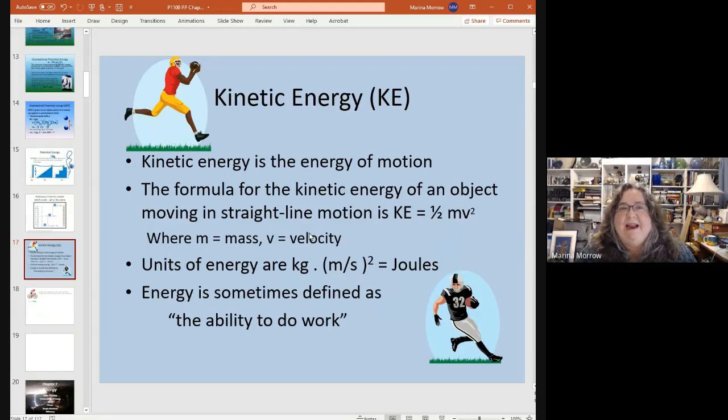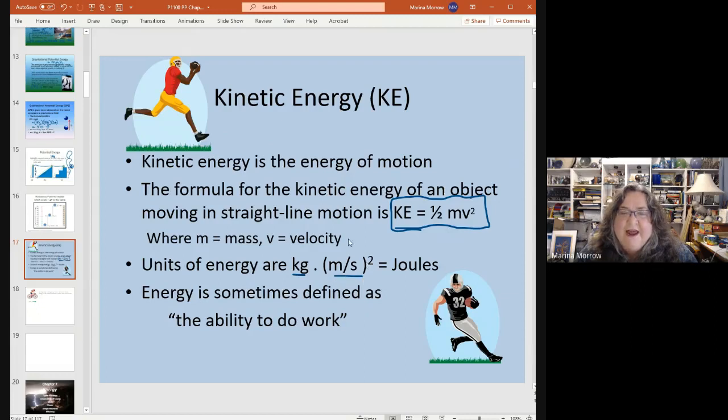Okay, now what about kinetic energy? Kinetic energy is that energy of motion. And the formula for kinetic energy is 1/2 mv squared. So m is for mass, v is for velocity. Of course you can use speed because we won't always have a direction connected with it. Now, when you play around with those units, mass is kilograms, and meters per second is the velocity.